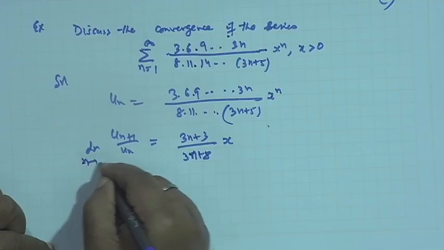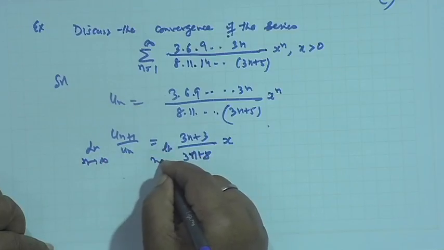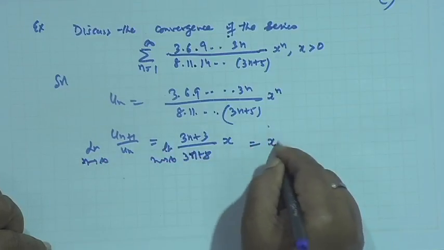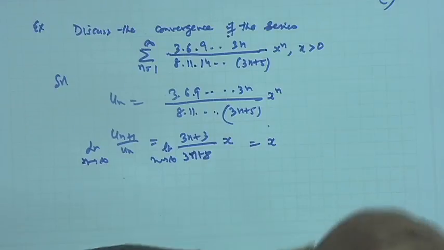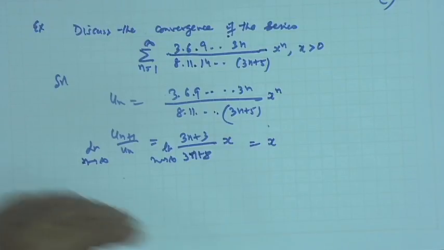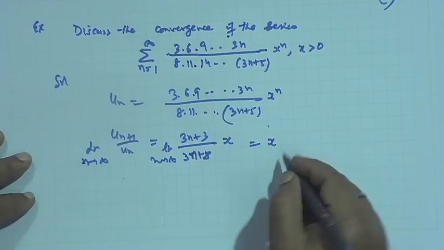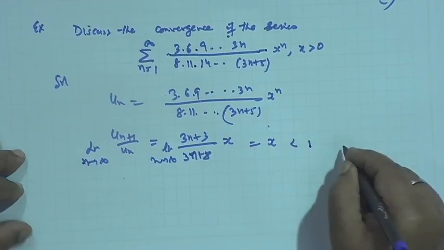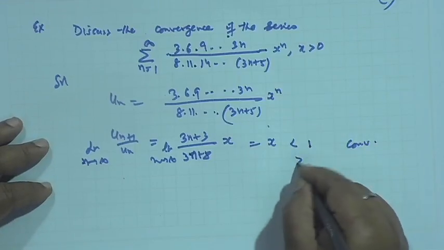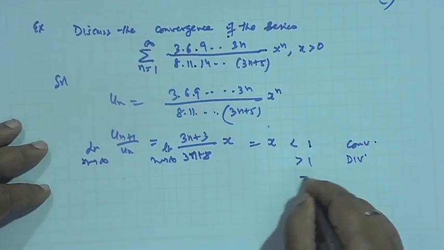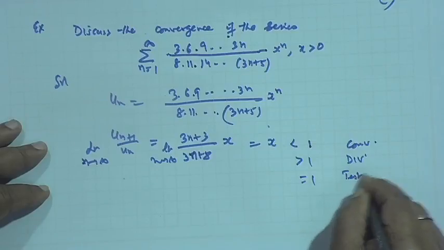So, the limit as n tends to infinity is nothing but x. Now, the convergence of this will depend on the nature of x. Now, if x is less than 1, then it is convergent, but greater than 1 diverges and equal to 1 the test fails.